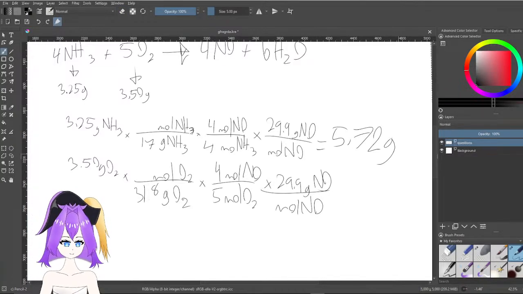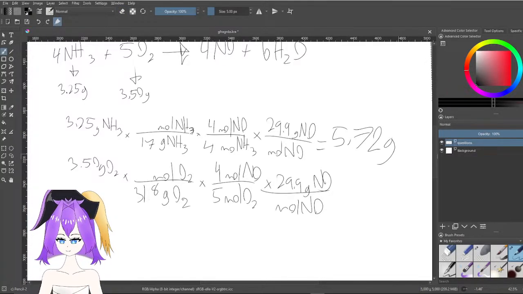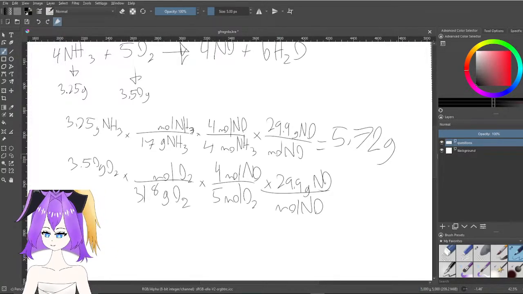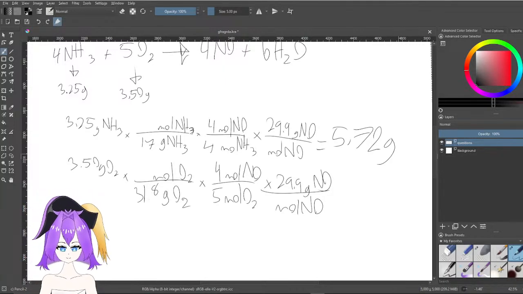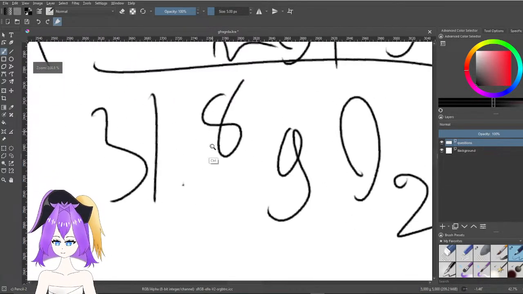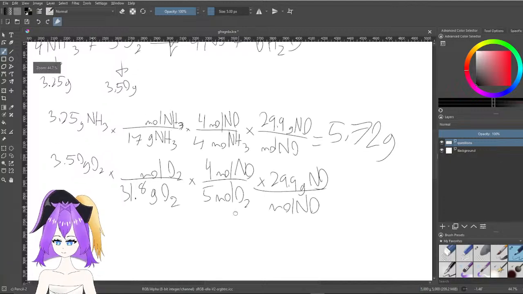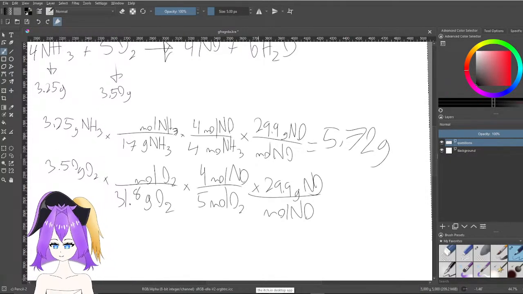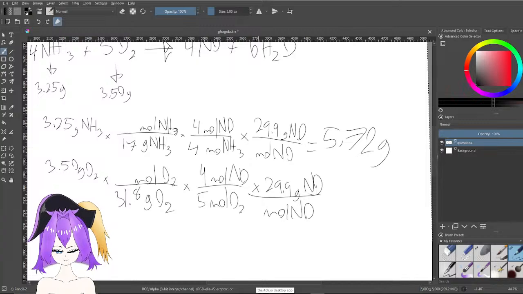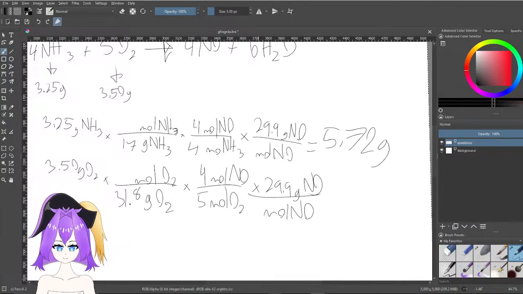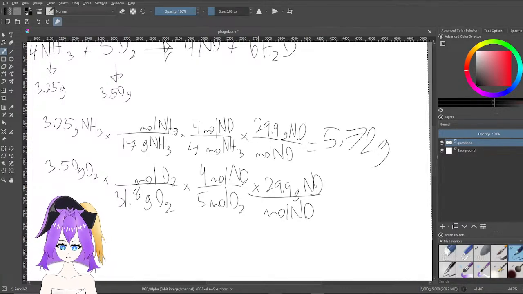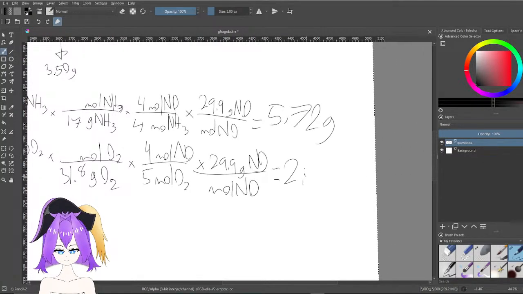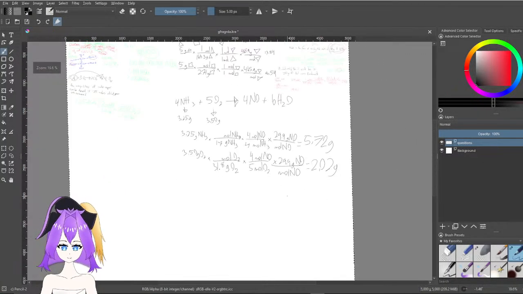2 grams. 3.5 divided by 31.8. Is that a 0.8? That's a 0.8, yeah. 31.8 times 4 over 5 times 29.9. That gets me 2.01. 2.02. There we go.